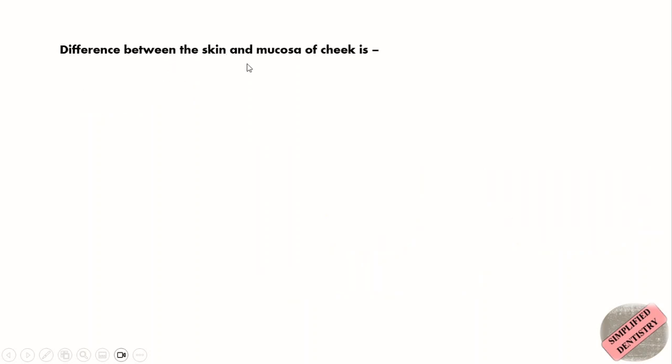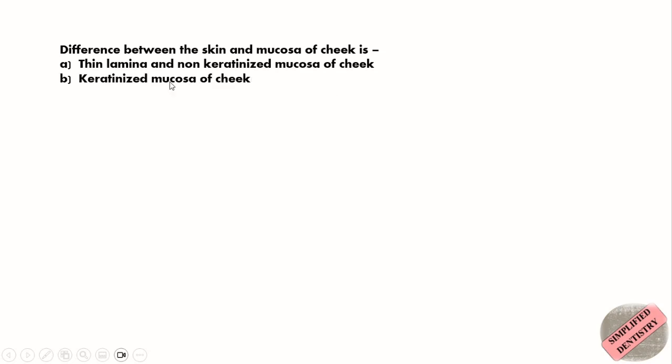Now the next question is difference between the skin and mucosa of cheek is, option A, thin lamina and non-keratinized mucosa of cheek, option B, keratinized mucosa of cheek, option C, retipex, and option D, thick lamina propria on skin of cheek.